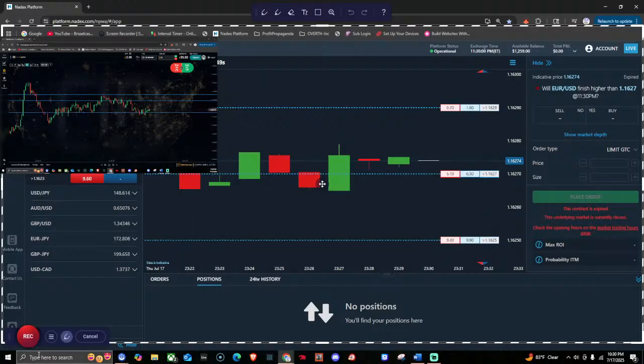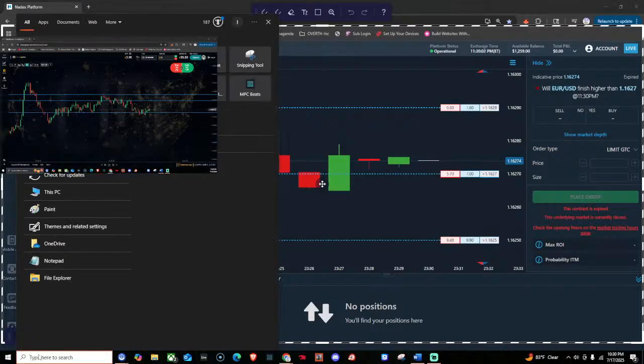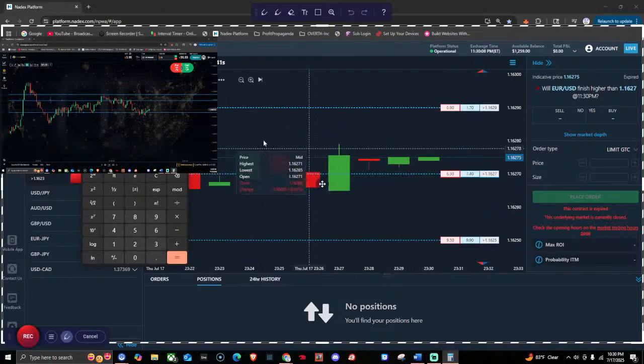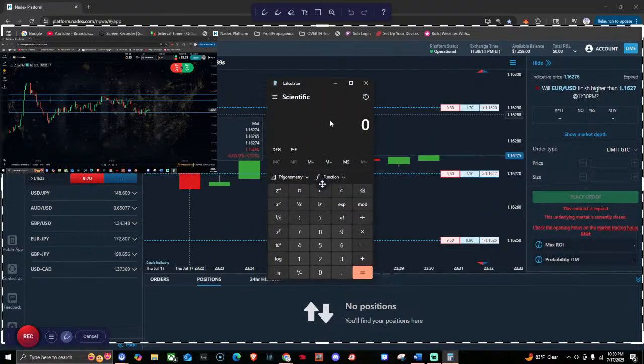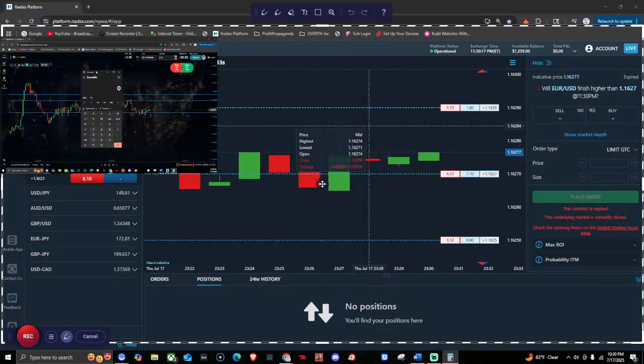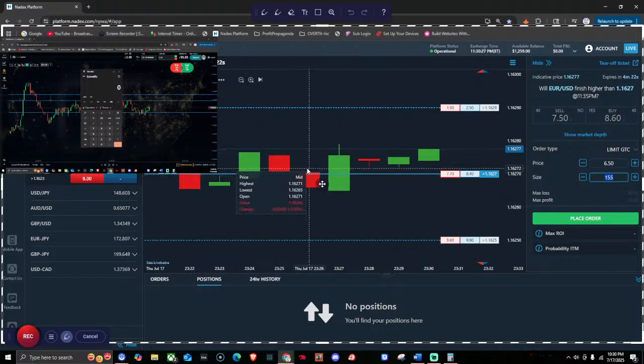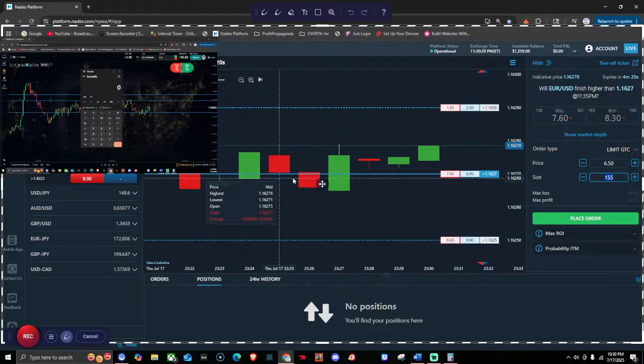However, you have this skill, right? Anytime I look at making a trade, by default right now, currently, I have 155 contracts, which is $2 per contract, something like that.